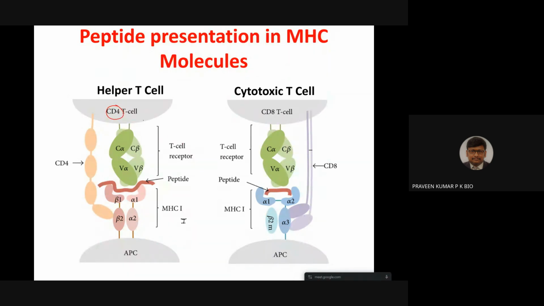The CD4 of a T cell is going to interact with MHC2 of the antigen presenting cell. So to know more about immunoinformatics and vaccine design, one should have knowledge of immunology.